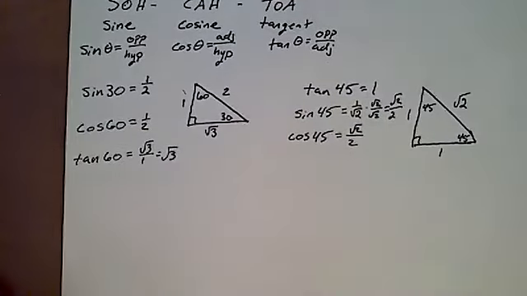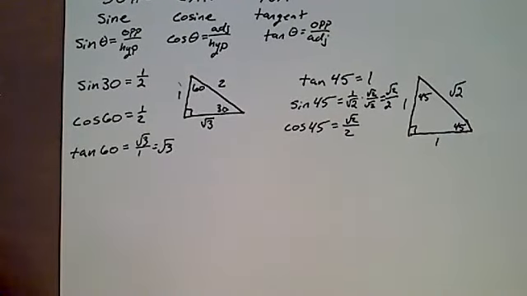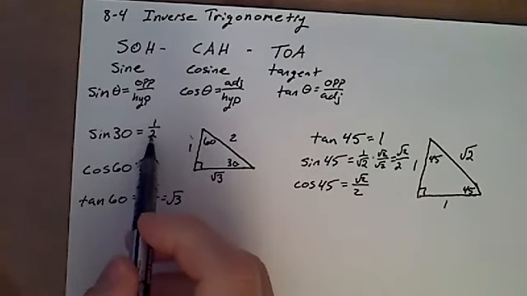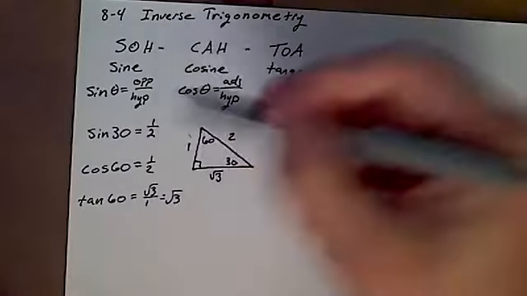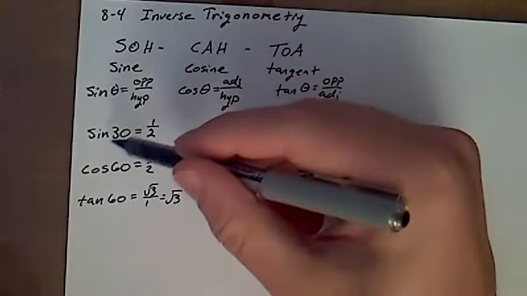The purpose of that was not just for review, though it does serve that purpose. The point is that if the sine of 30 is 1/2, right, there should be a way to take the ratio of the side 1/2 and get back to 30.